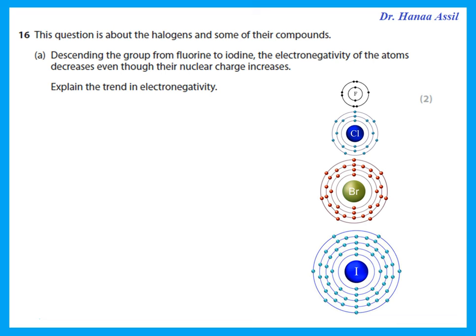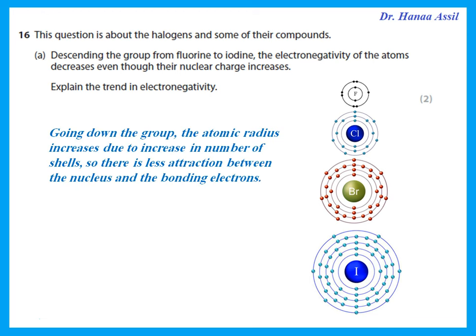The electronegativity decreases because it has to do with the size of the atom. Going down the group, the atomic radius increases, because we are increasing the number of shells. So there will be less attraction between the positive nucleus and the bonding pair of electrons, so it will be less electronegative.